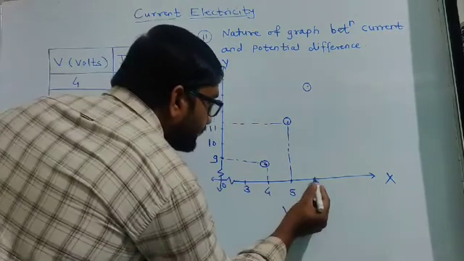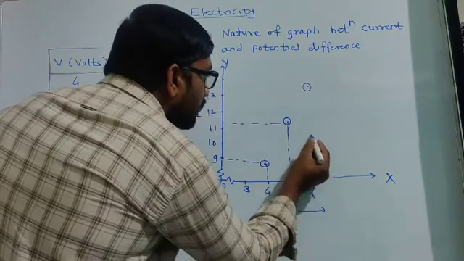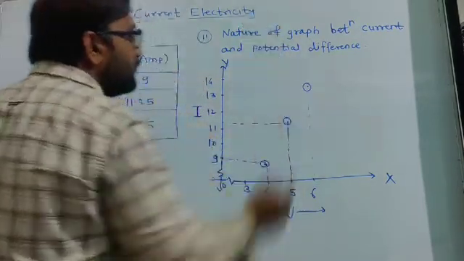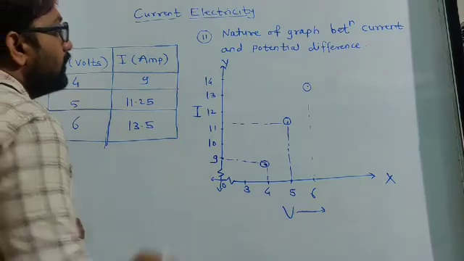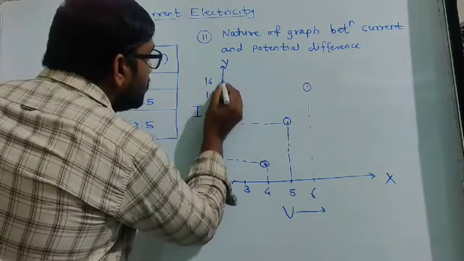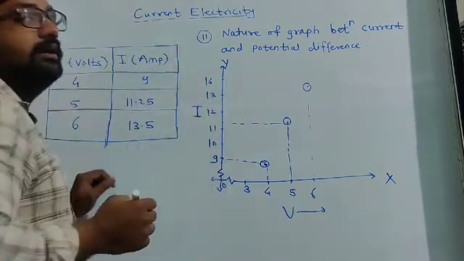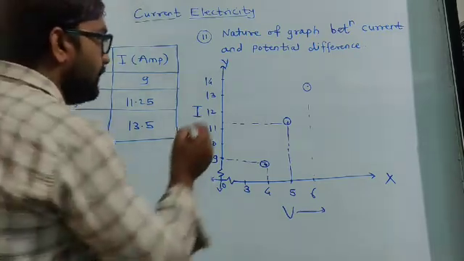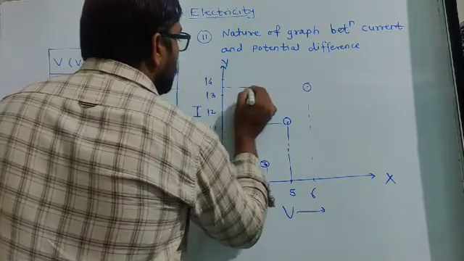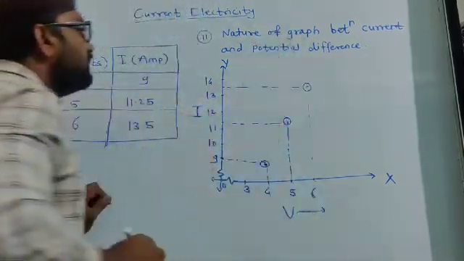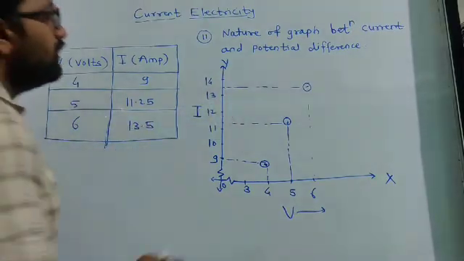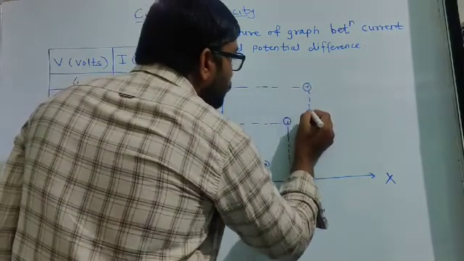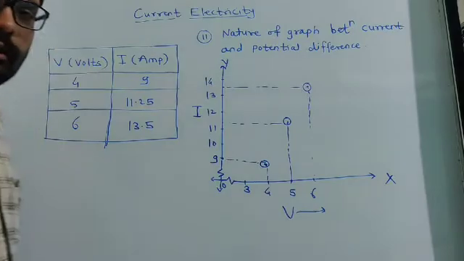Look here at 6, and above this 6, 13.5 means in between 13 and 14. So this is our 13.5, and this is our third point.